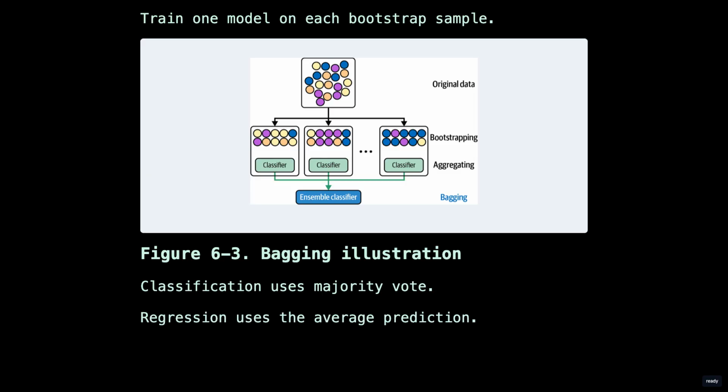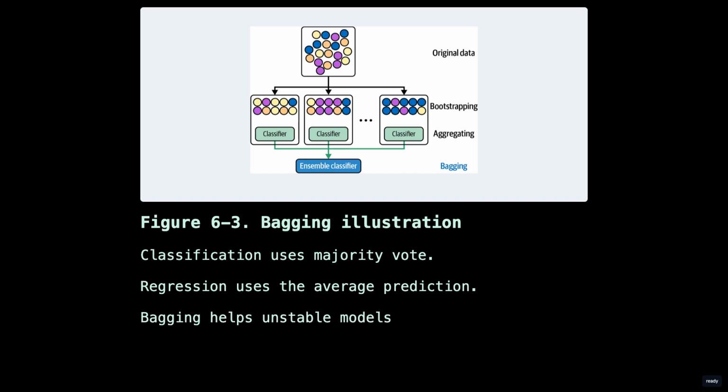For regression, the outputs are numeric, so the natural combination is the mean. Averaging smooths out extreme predictions and gives a more stable estimate. Bagging pays off most when a model changes a lot from one training sample to another.